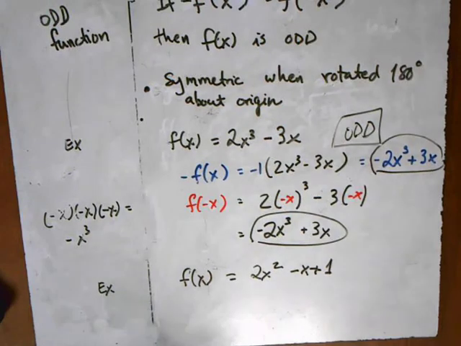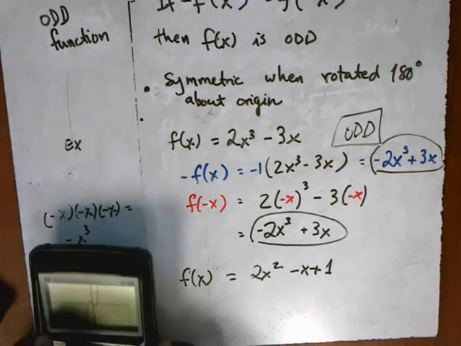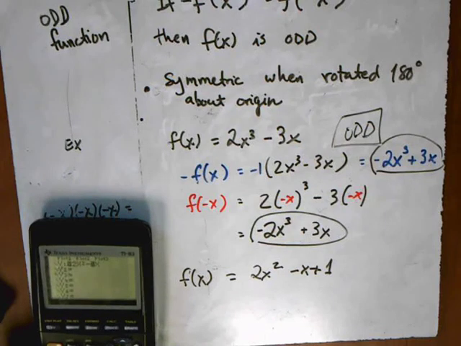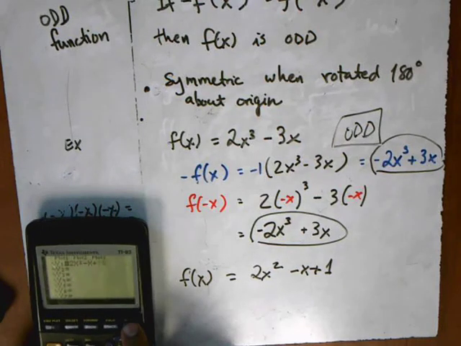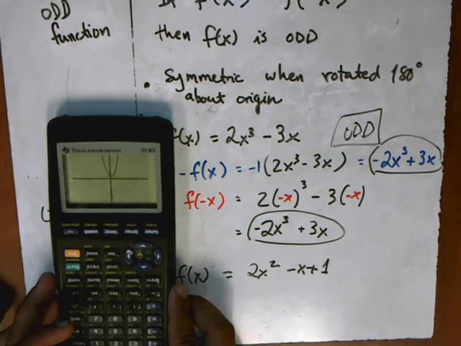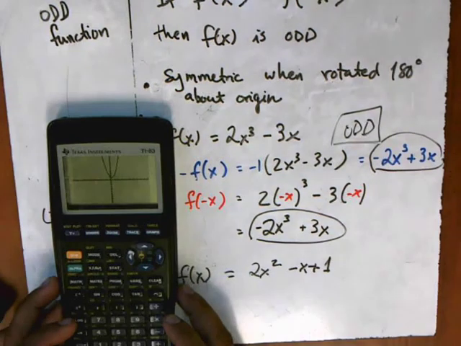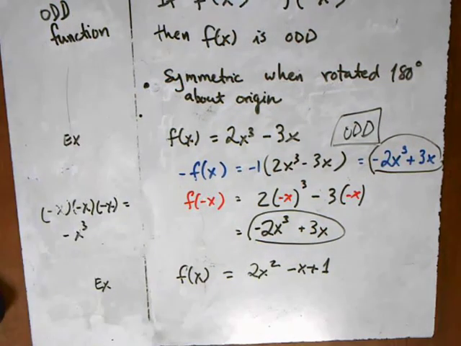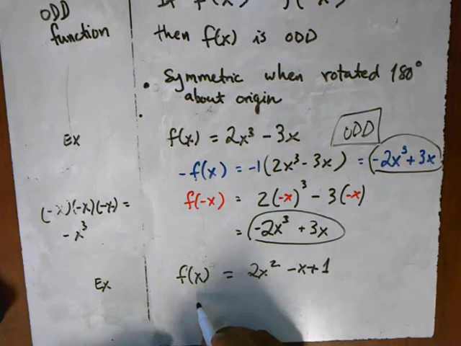You can see it graphically: 2x squared minus x plus 1, and hit graph. It looks kind of symmetric about the y-axis, but it's really not. That's where a graph is sometimes helpful, but not always exact.